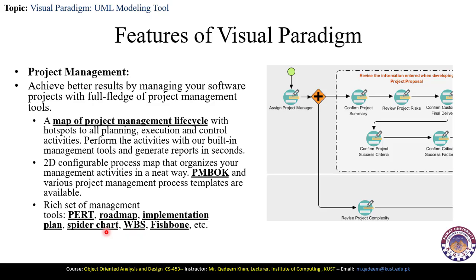Fishbone diagrams, work breakdown structures, spider charts, and PERT tools are mostly used for scheduling purposes. Because the project manager's responsibility is to perform project scheduling, using these sorts of tools the project manager can perform exact and accurate project scheduling.